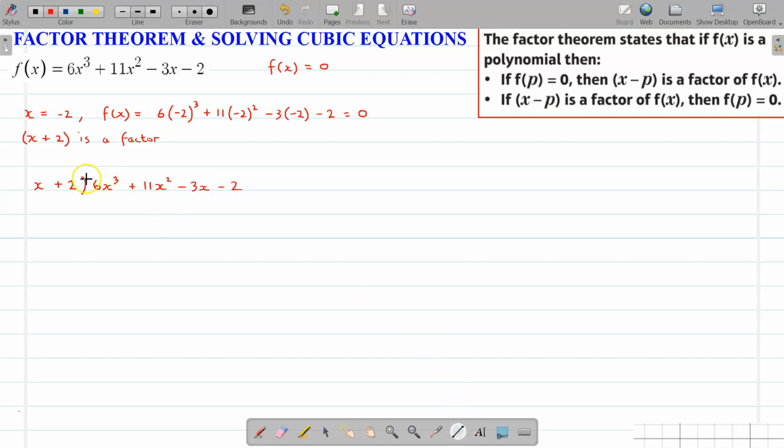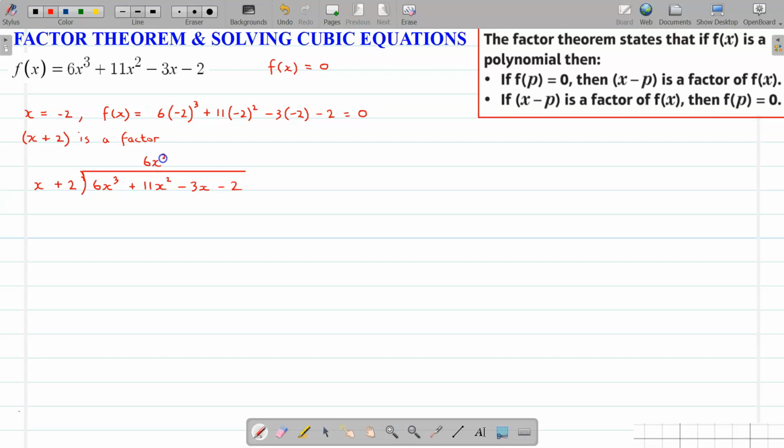Okay, so this is a long division, and we put a bar across there like that. We just extend that bracket at the front to the top like that, and we just do a long division. So we say, how many times does x plus 2 go into 6x cubed plus 11x squared? We just look at the left-hand term, the x and the 6x cubed, so it goes in there 6x squared times.